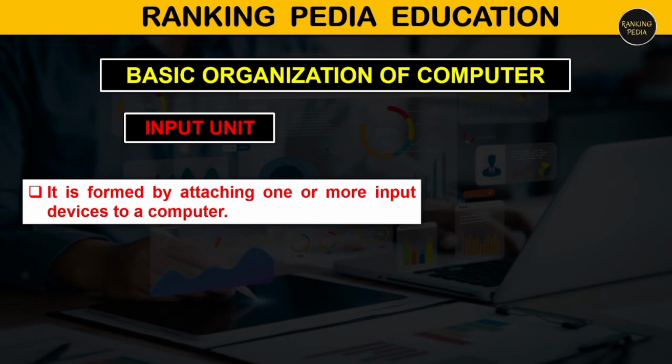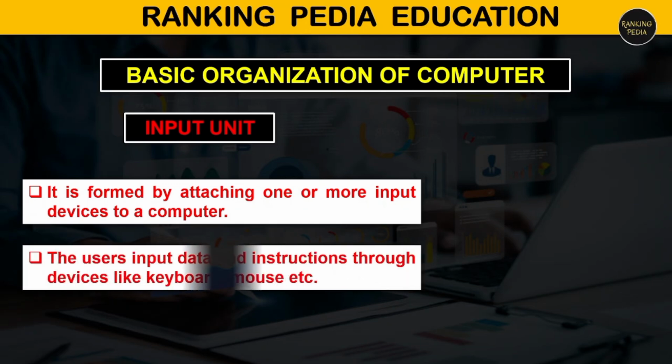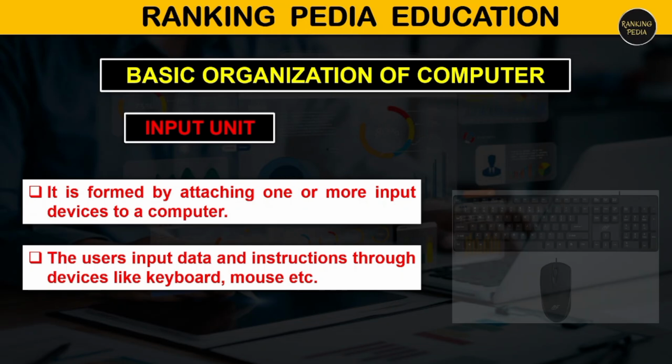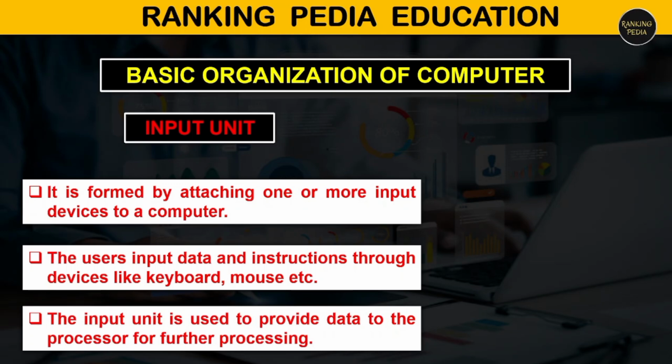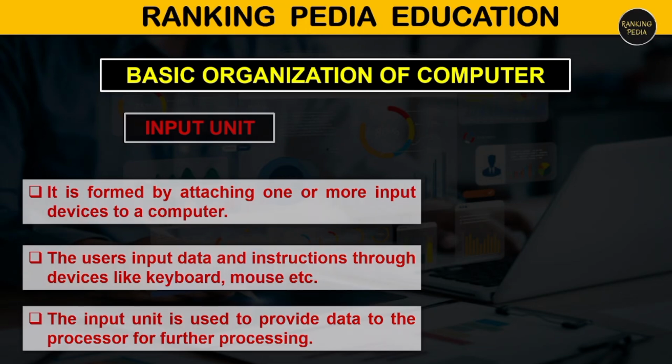In the input unit, the user inputs data and instructions through devices like the keyboard and mouse, as shown earlier in the diagram. The input unit is used to provide data to the processor for further processing. So, this was about the input unit.